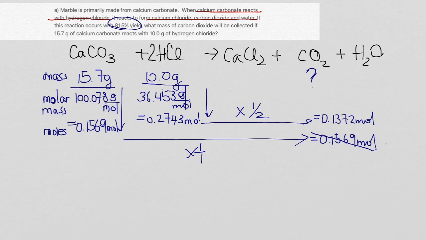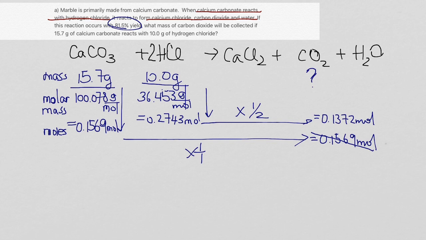So considering both reactants, the maximum amount of product that both reactants allow us to form is actually only 0.1372, the lesser amount. That happens when this runs out. So this is the maximum amount of product that we can form with our reactants at the point that they run out.